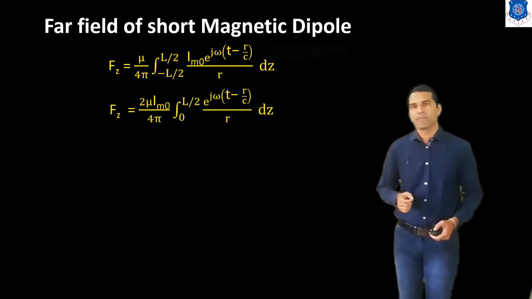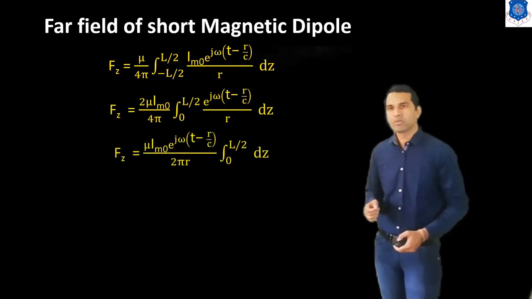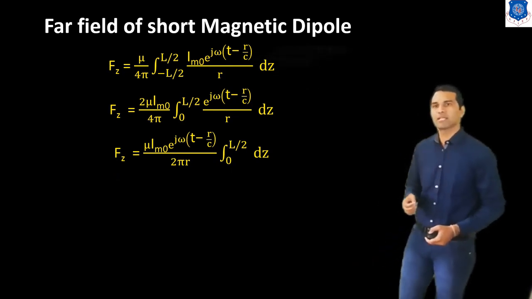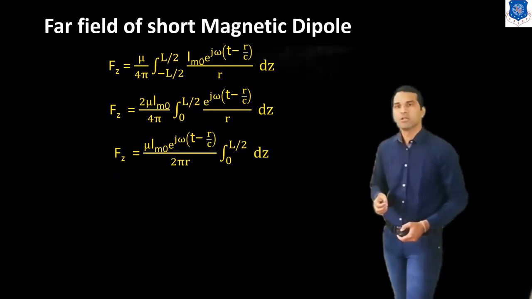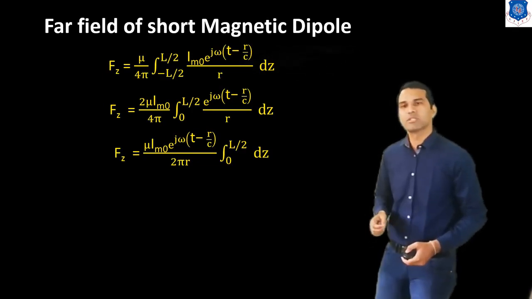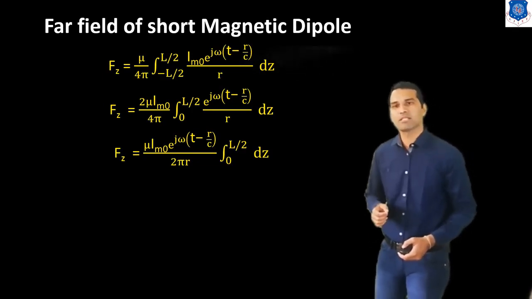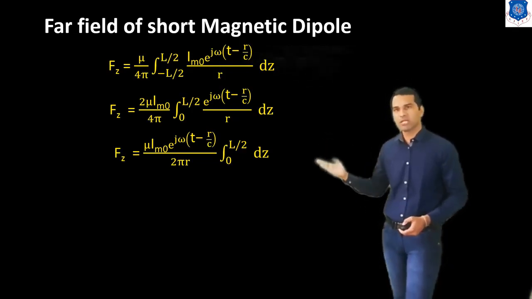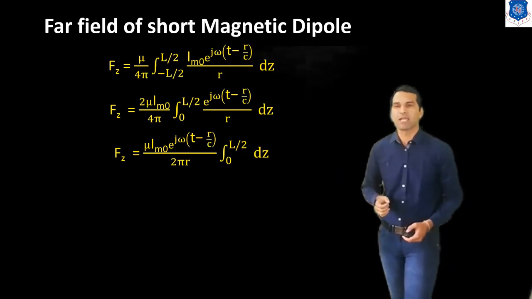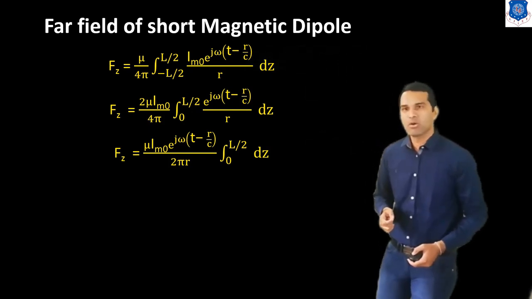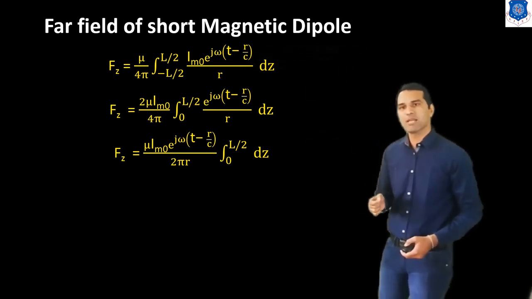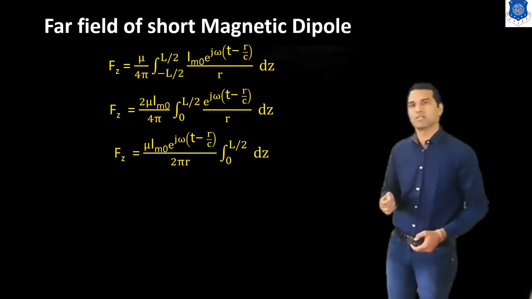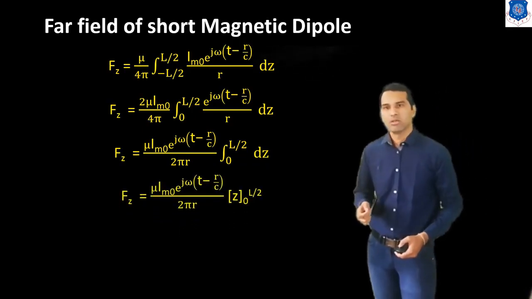So now 2ν Im0/4π, and in the integration we have changed the limits to 0 to L/2 of e^(jω(t − R/c))/R dz. When we simplify this equation, we get ν Im0 e^(jω(t − R/c))/2πR, and we take the integration of dz from 0 to L/2.